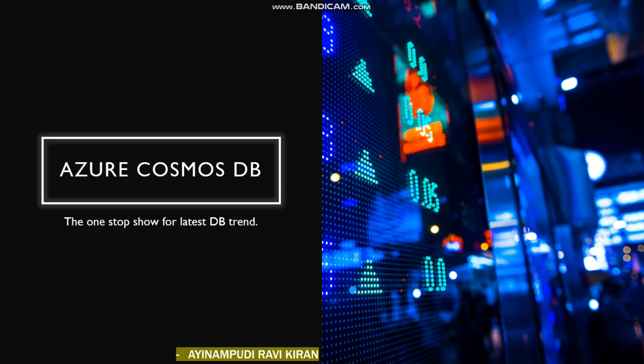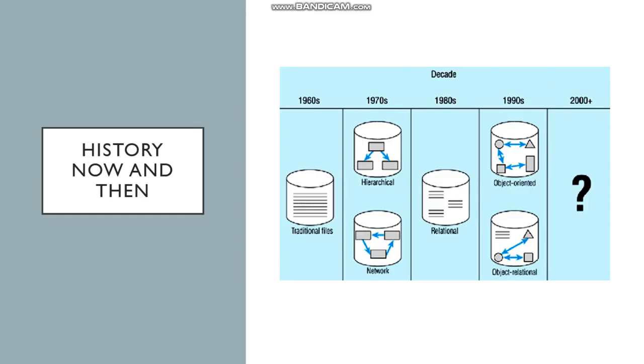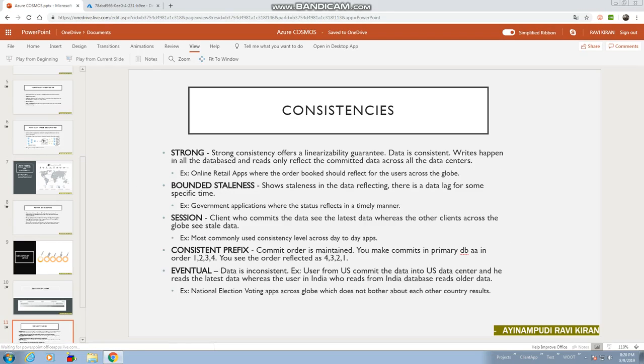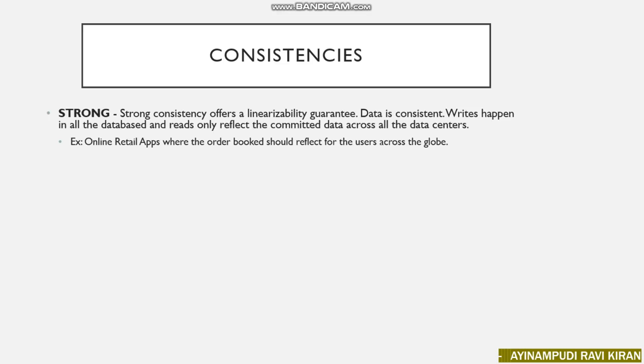Let's see what each consistency level shows. The first one is the strong consistency level. Here the data is consistent across all its read as well as write regions.